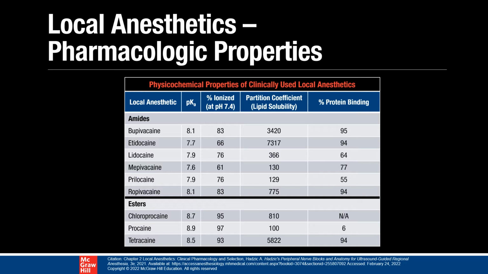I want to draw your attention to two amides, bupivacaine and ropivacaine, that are commonly used in hip blocks. The reason they're commonly used is you can see that they have high degrees of lipid solubility and protein binding, which means that they're going to have significant durations of action, so they last a long time. Also, given their high degree of lipid solubility, they're very potent, meaning that low concentrations can be used to adequately anesthetize the peripheral nerves.